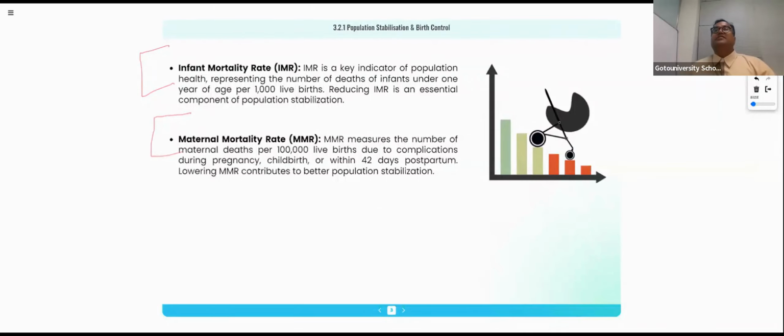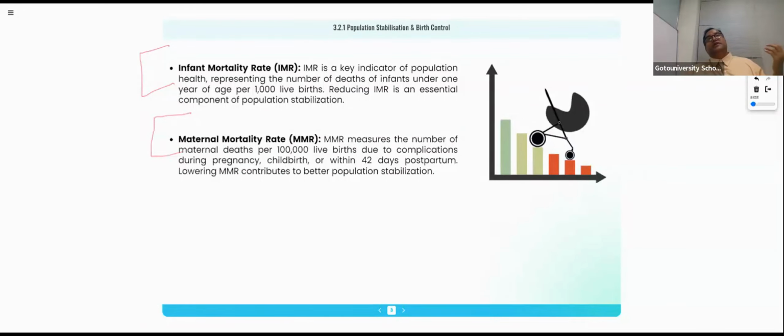If you're talking about IMR, one probability is poor hospital facilities. And second is that the concerned mother has not taken a proper diet, which we can categorize under undernutrition, and might be the mother has taken a wrong diet, categorized under malnutrition.